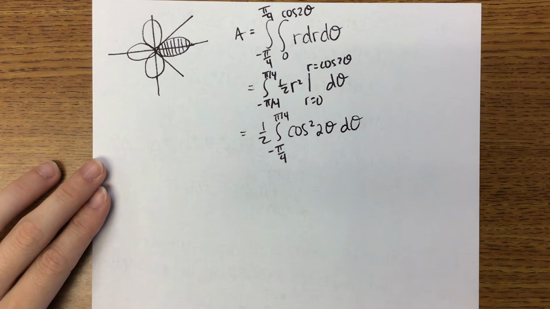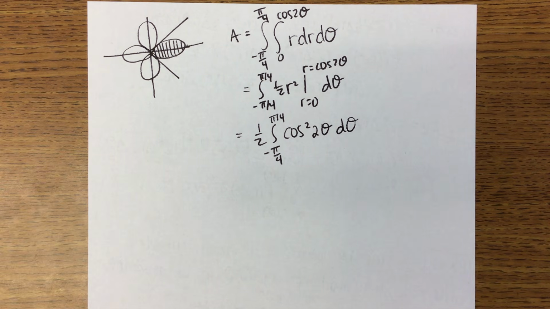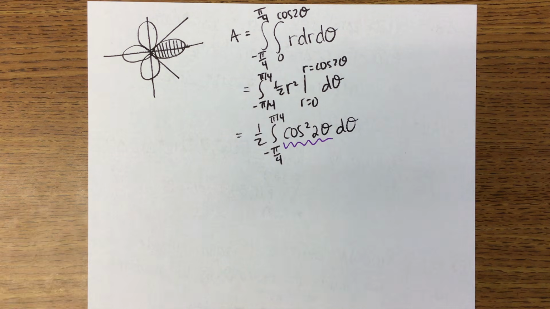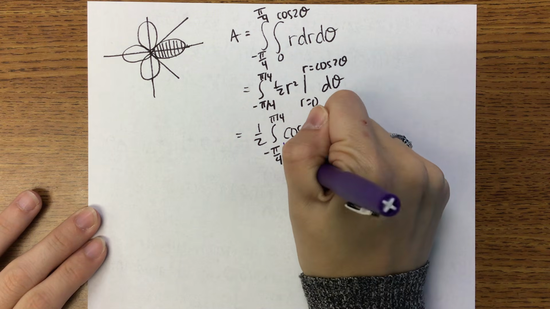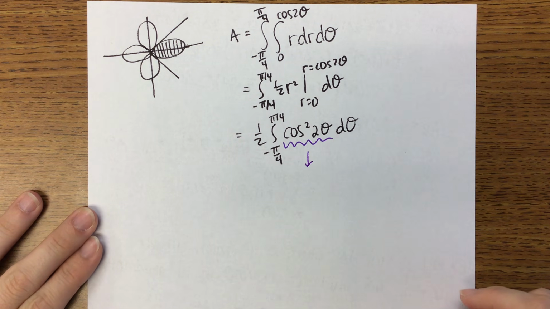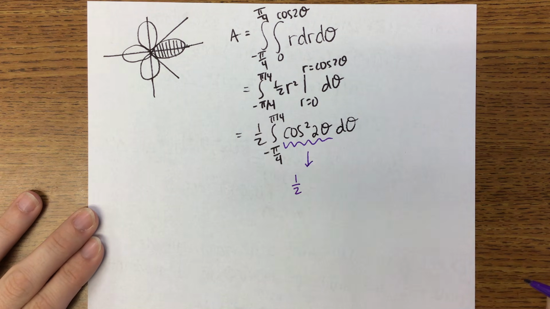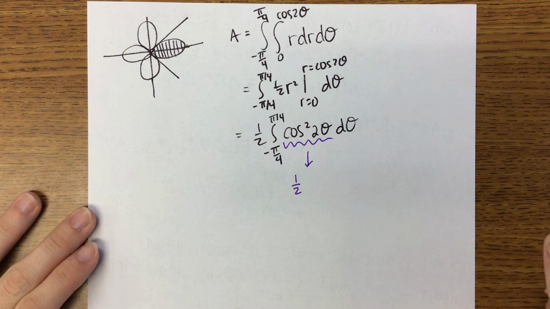How do we integrate cosine squared of 2 theta? Without using a calculator, because I'm not going to let you use a calculator on your next test. You're going to use a trig substitution. Cosine squared of 2 theta. Okay, you could do 1 minus sine squared of 2 theta.